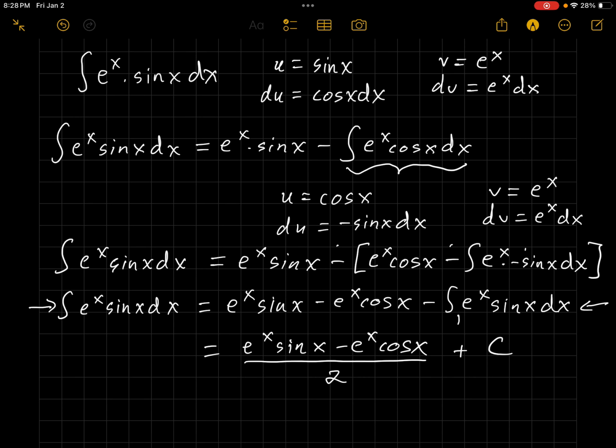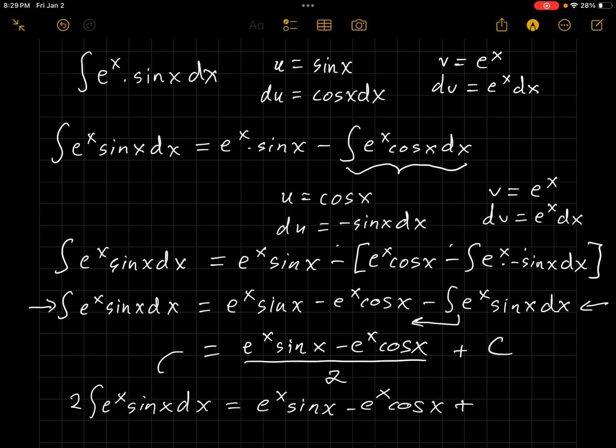So what I really did, even though I didn't write it, was add the one on the right to the one on the left, which would have given me 2 times that integral, or 2 of those integrals, equaled e to the x sine x minus e to the x cosine x plus some sort of c, just to make this line look like it does. I'll pretend I put plus 2c.